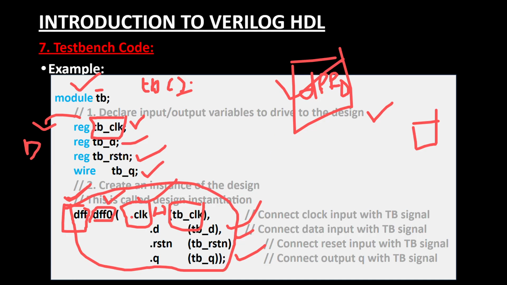If you generate the schematic after synthesis, you will get a TB block. In the TB block there will be some inputs, like the clock generator, and those are applied to the D flip flop. I will show you at the end.